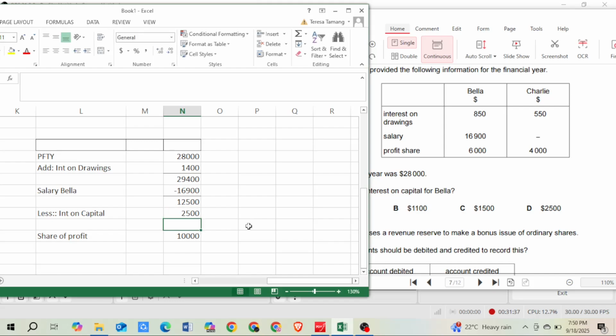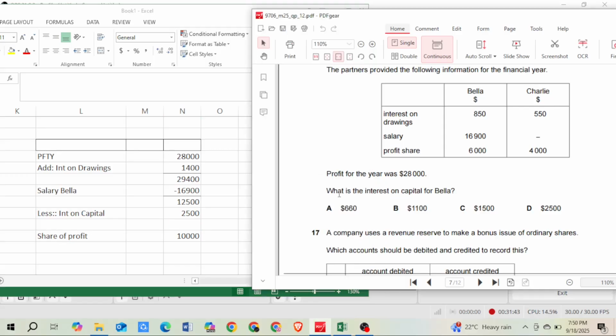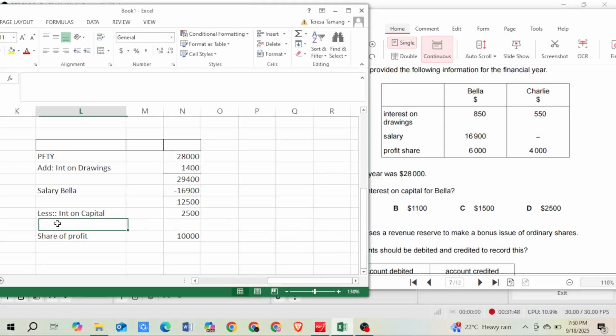So 2,500 is my interest on capital. But remember, this interest on capital is for both the partners. Question was asking us what is the interest on capital for Bella, so I just need to find it for Bella. Bella's capital is in the same ratio as the share of profit.